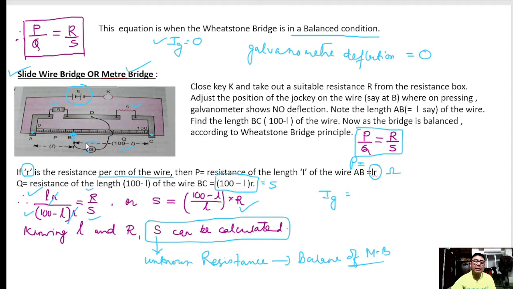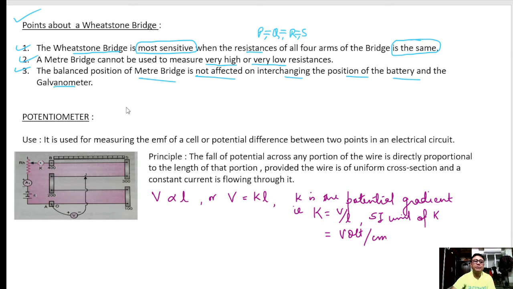If I use the galvanometer here, and the battery here, the balance point, length L, will not get affected. So please note that the balance point L will not get affected if you interchange the battery and the galvanometer. Clear?